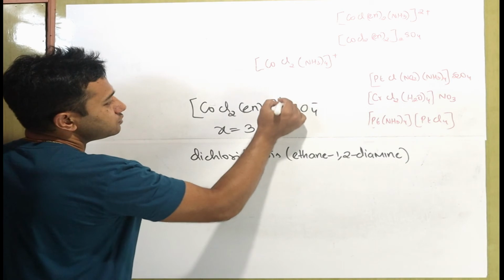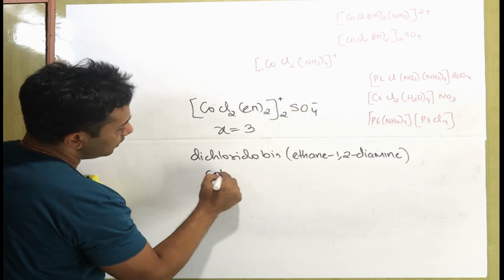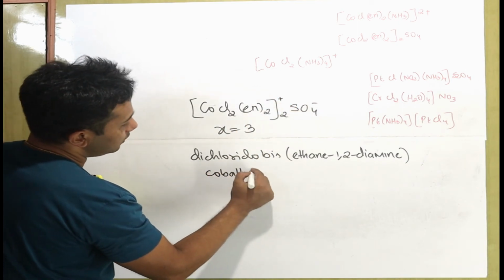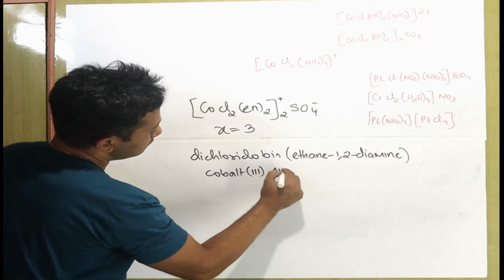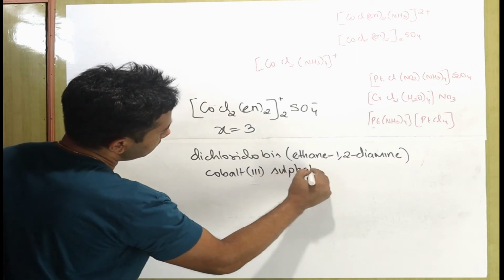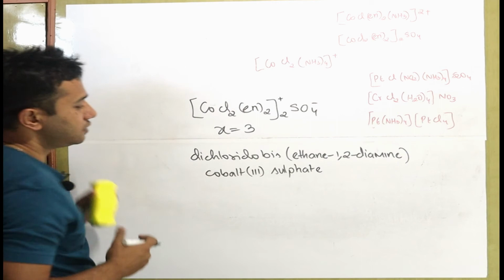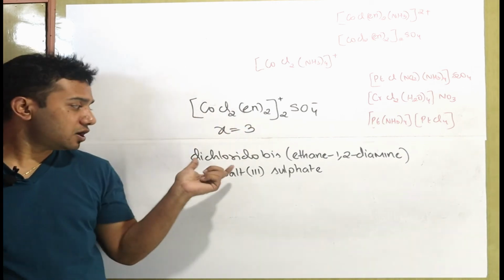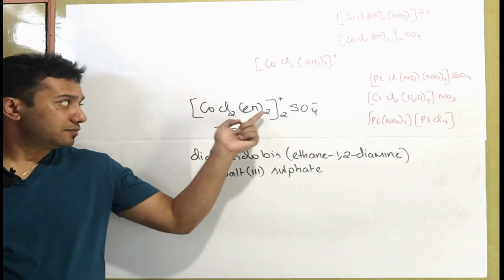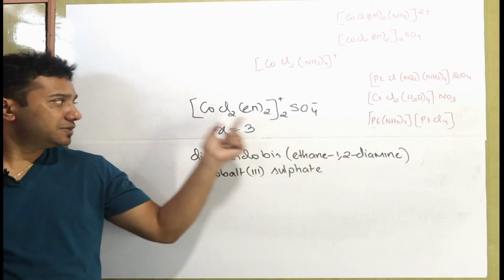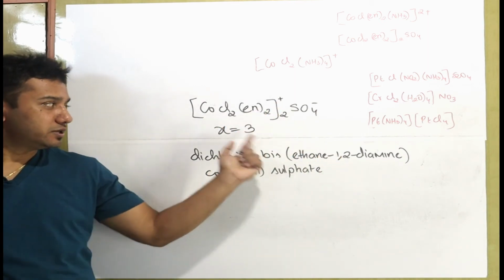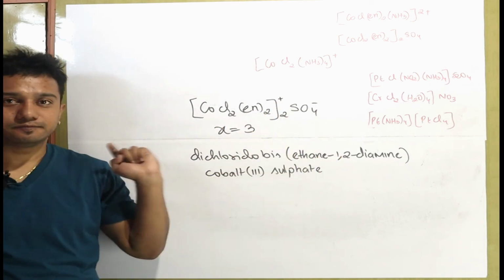So this is minus, this will be plus. This will be cobalt 3 sulfate. So the name of this coordination compound will be dichlorido bis ethane 1,2-diamine cobalt 3 sulfate.